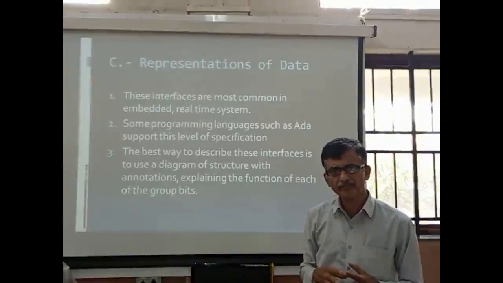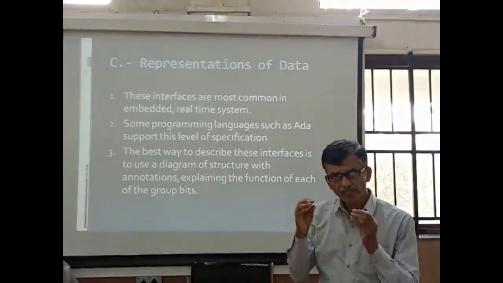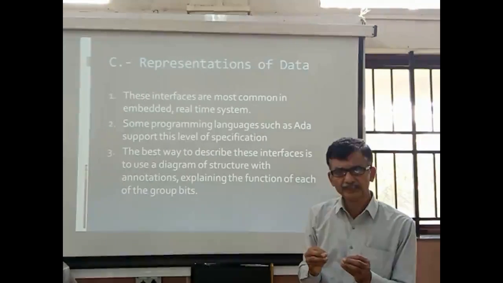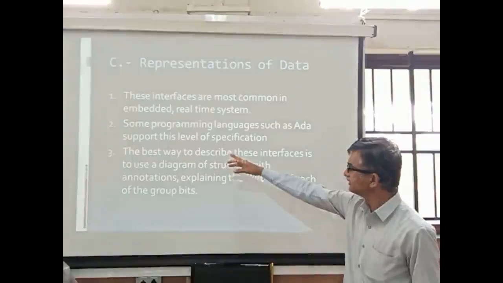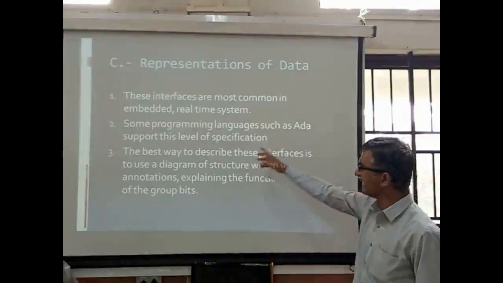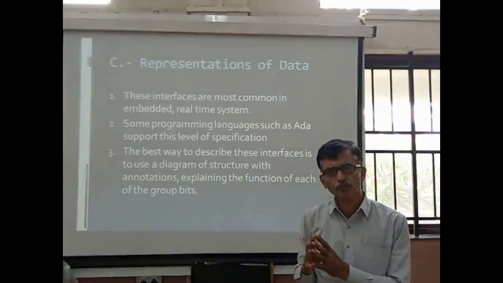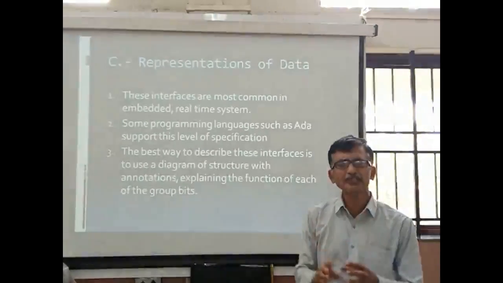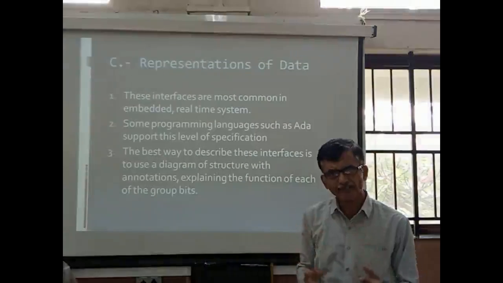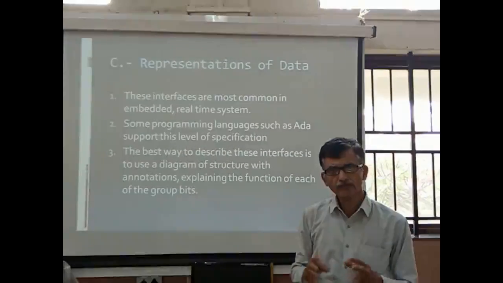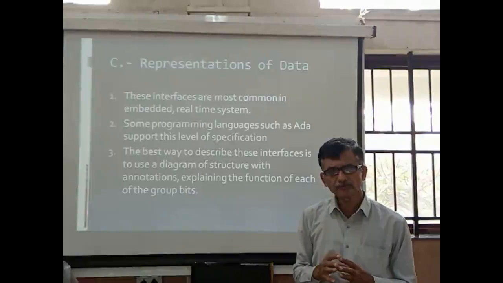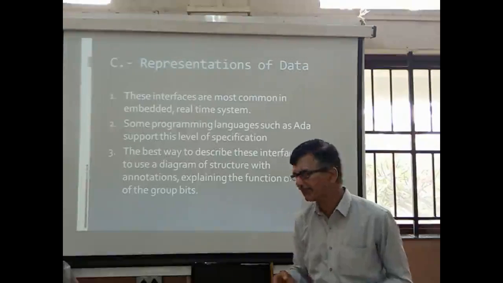So these types of interface are part of the small electronic circuit which is developed. Some programming languages such as ADA support this level of specification. Here we do not use a general programming language; we use a special programming language, one of them being ADA. So for embedded systems we have to use a special programming language.